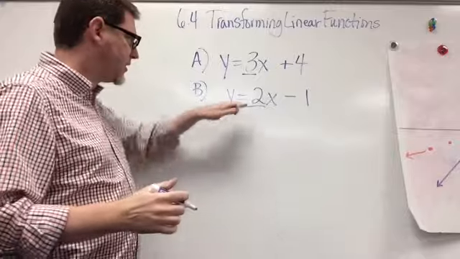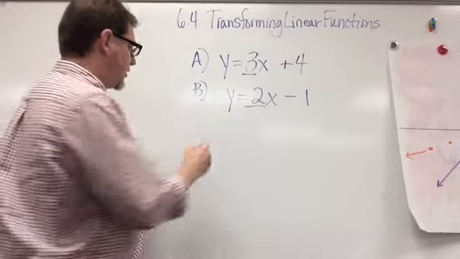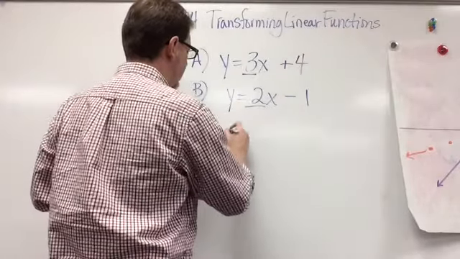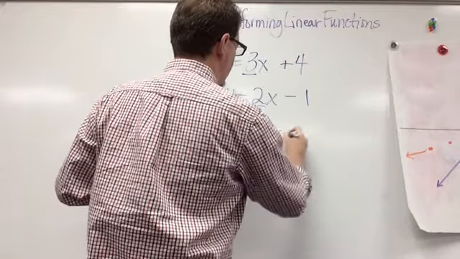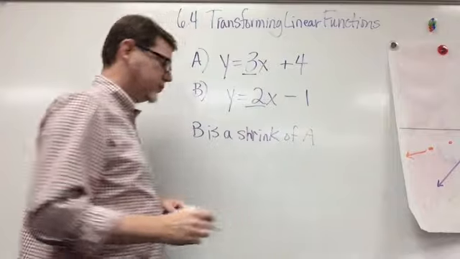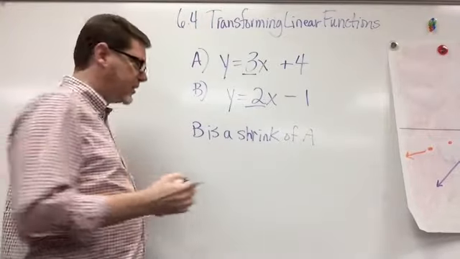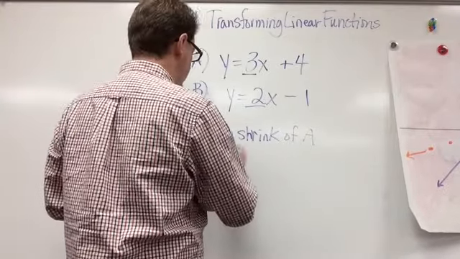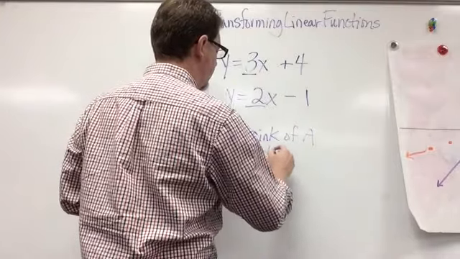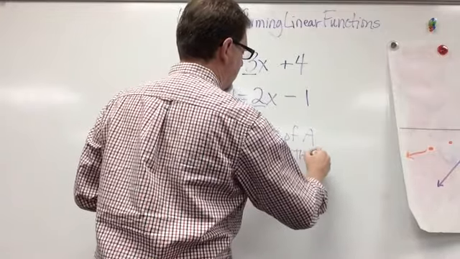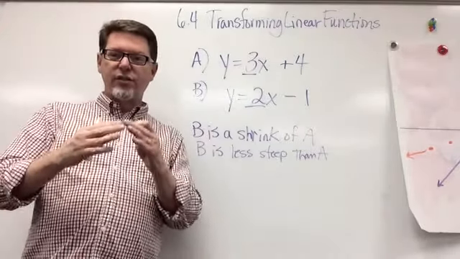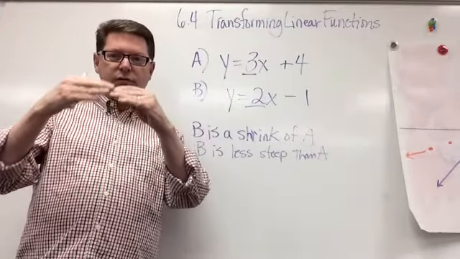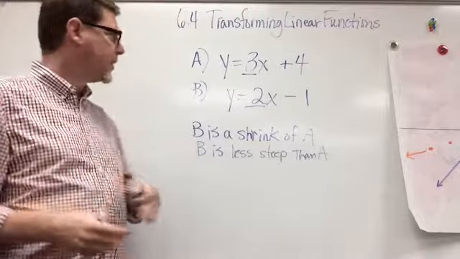Well, the slope gets smaller, so B is a shrink of A. Another way we could say that is B is less steep than A. Because if the stretch made it steeper, then the shrink would make it less steep.